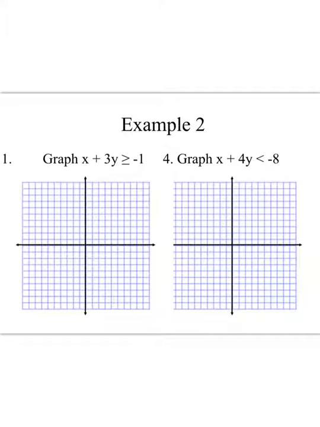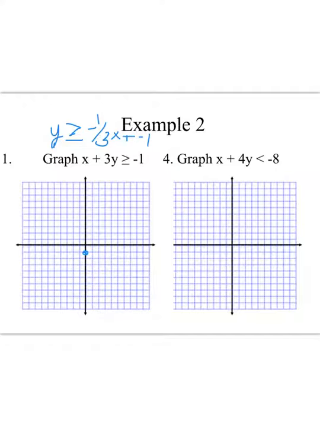So in this first problem, when I get it into slope-intercept form, I should end up with y being greater than or equal to 1/3 x plus -1. So my y-intercept is at -1.